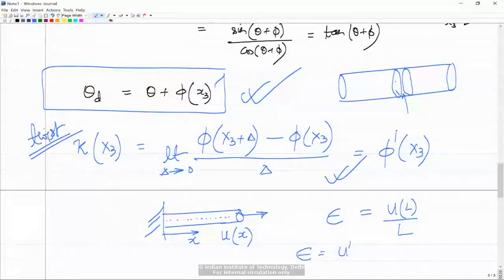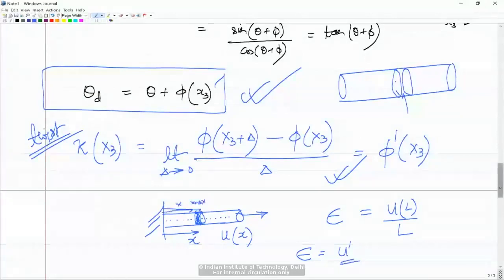So what you have to do is think of a very infinitesimal segment of the beam and find the change in length of this segment divided by its original length, and that will give you this u prime. For example, think of this segment. This point is at x and the other one is at x plus delta x.